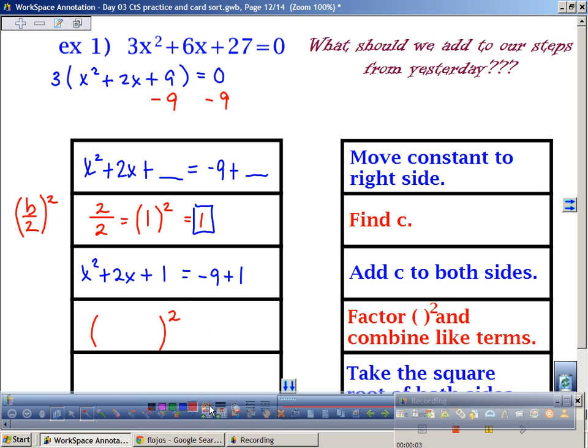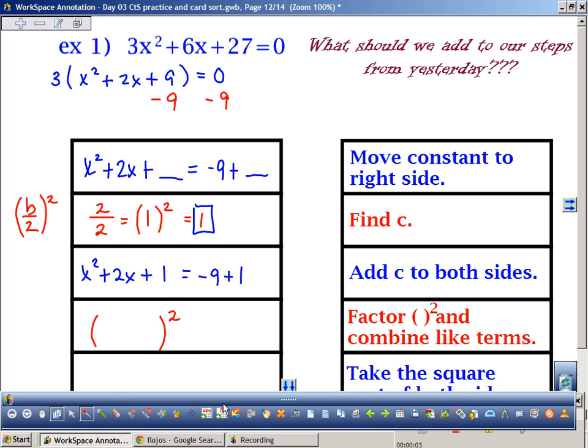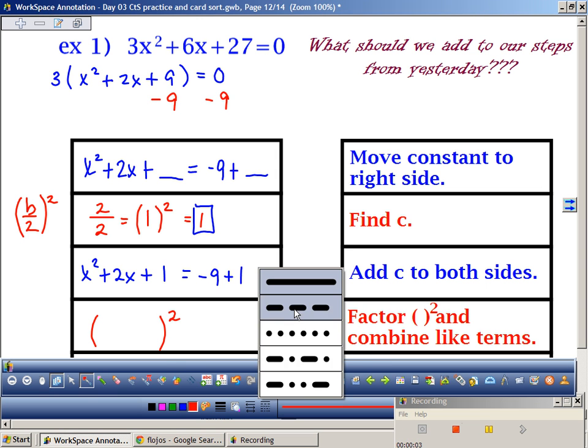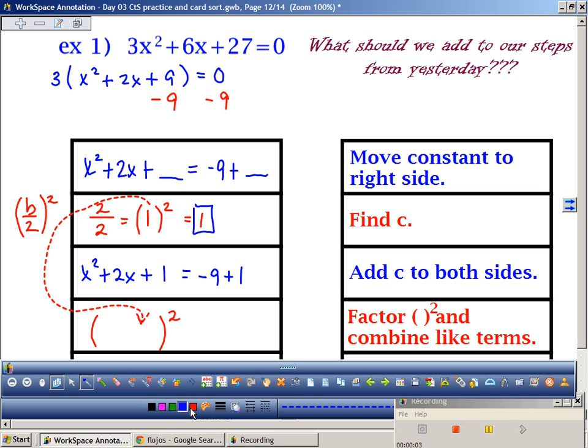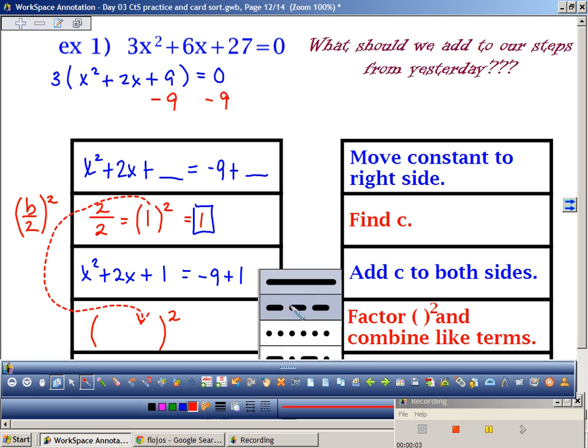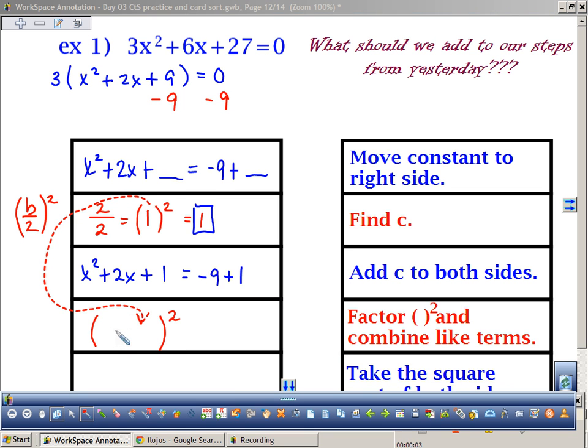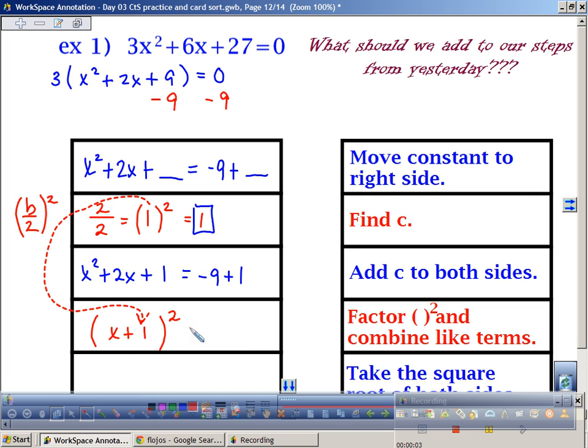And it's nice and easy, the fact that we also have this right here. This should match right here. Correct? So what would I put here? x plus 1 squared equals, bless you, equals what? -8.